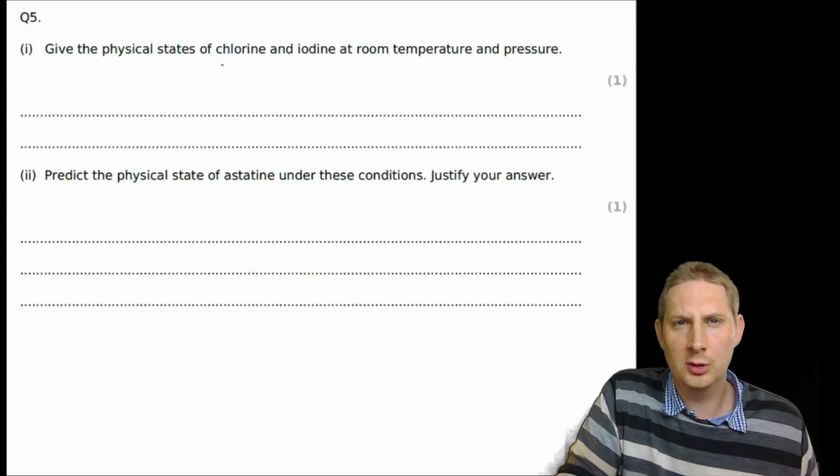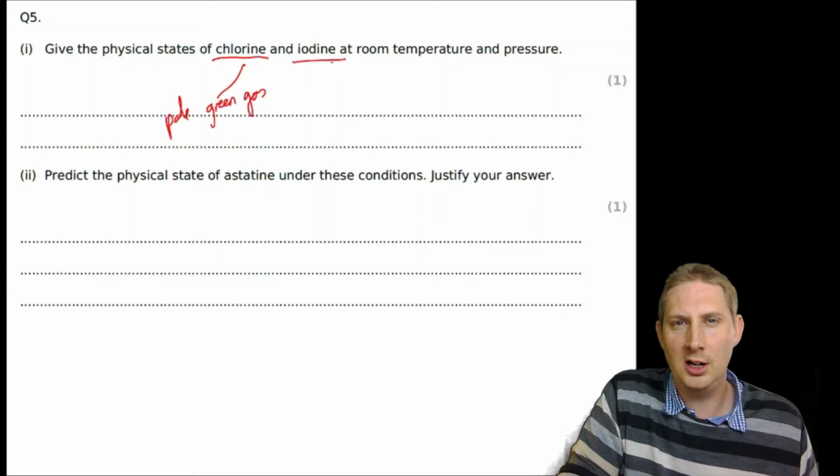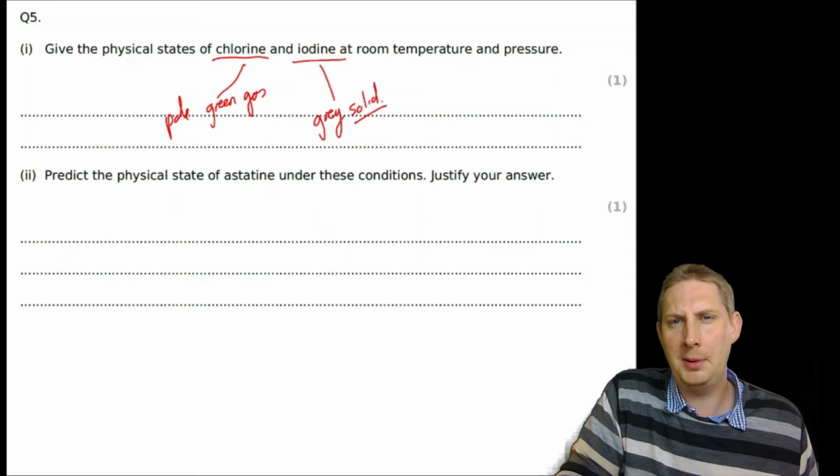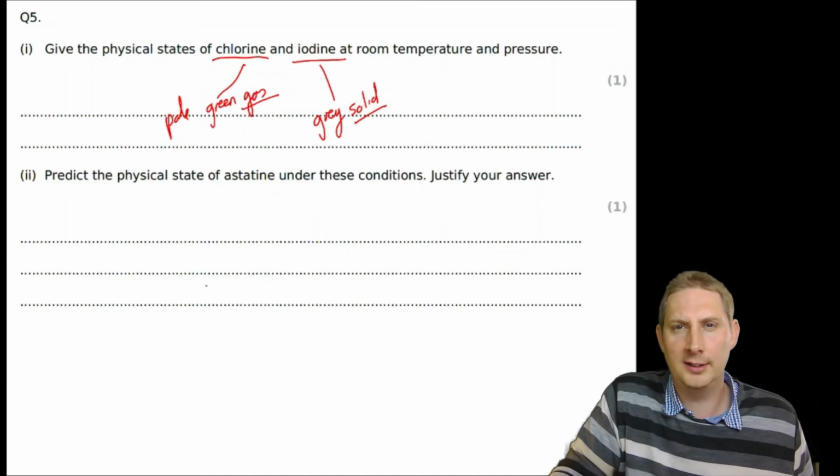So let's have a look. Well, chlorine, hopefully you remember, is a pale green gas at room temperature, while iodine is actually a grey solid. You might be thinking purple, that's the vapour, but actually chlorine is a gas, iodine is a grey solid.